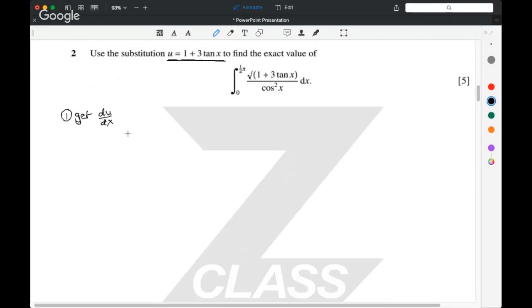In our case, du dx is equal to 3 sec squared x. That is in the formula booklet: the derivative of tan x is sec squared x. Then we rearrange this for dx. It becomes 1/3 du, divided by sec squared of x. And sec squared of x is just 1 over cosine squared of x, so this is just cosine squared of x.